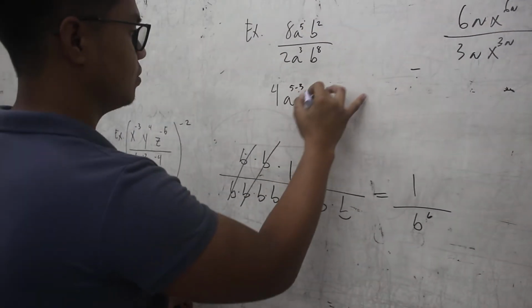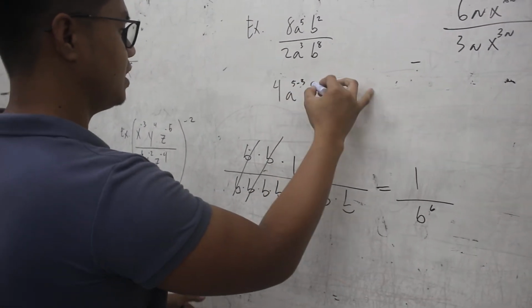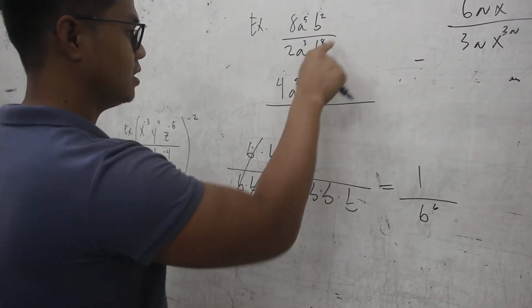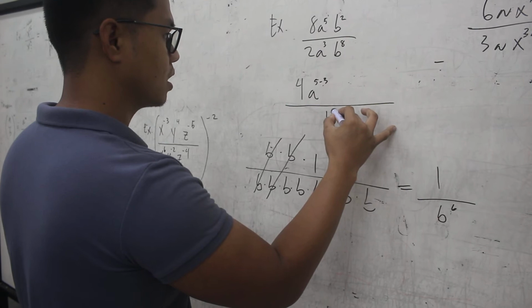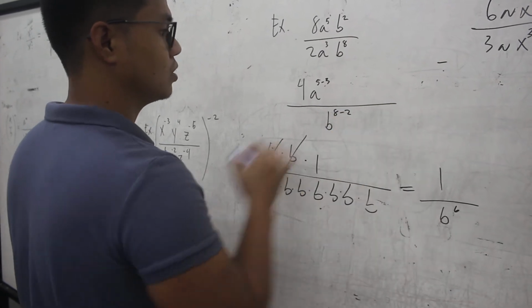Yung b dito nasa denominator, b to the 8 minus 2.